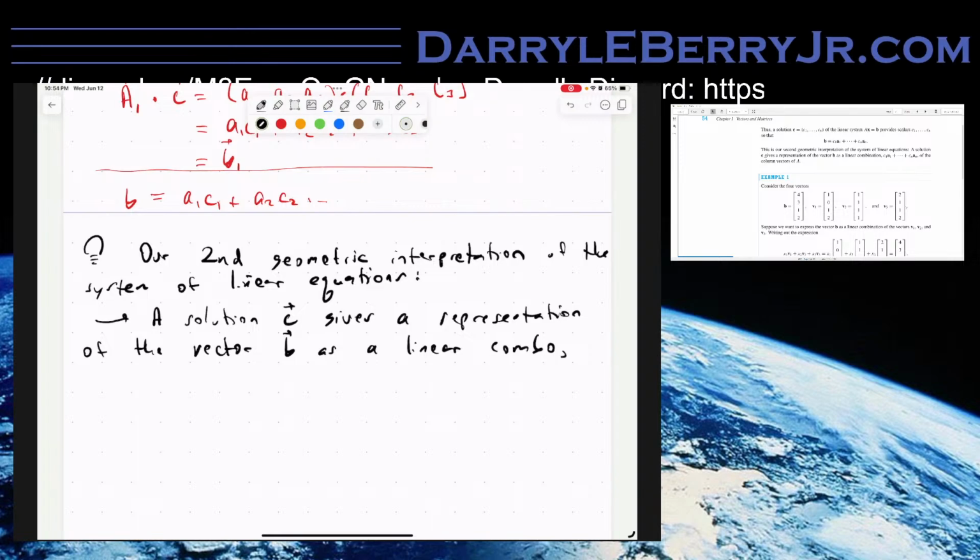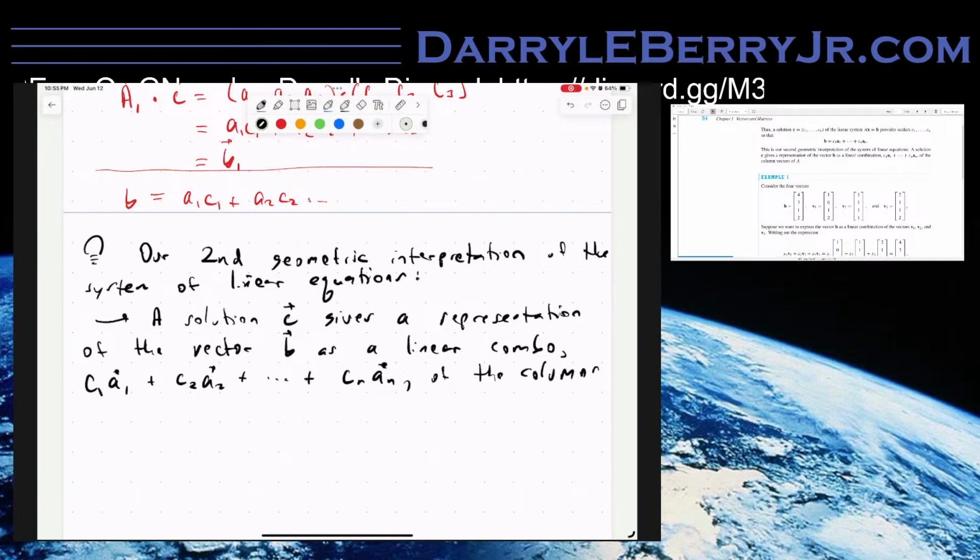That combination is C1 A1 vector plus C2 A2 vector plus Cn An vector of the column vectors of A.